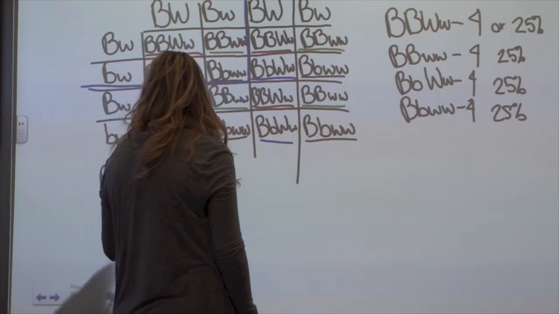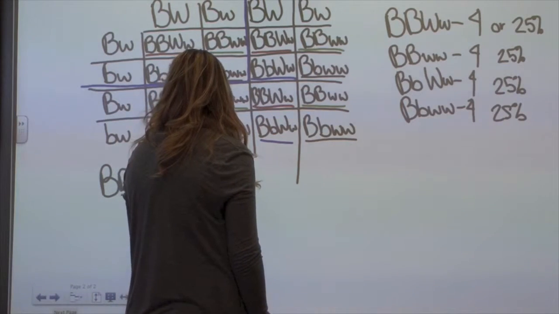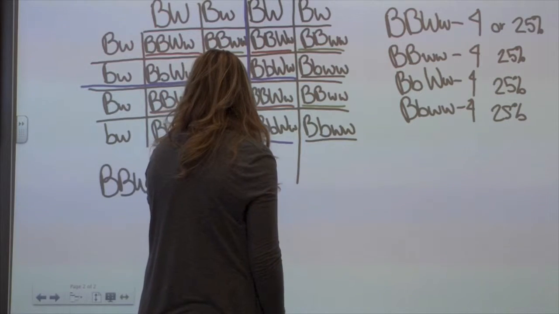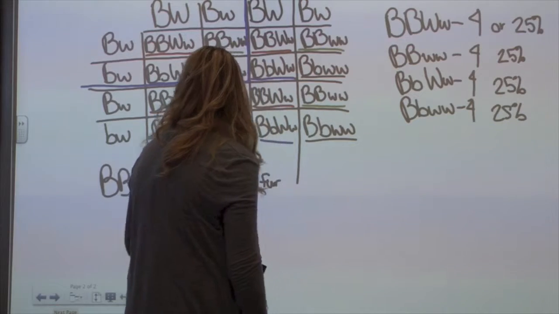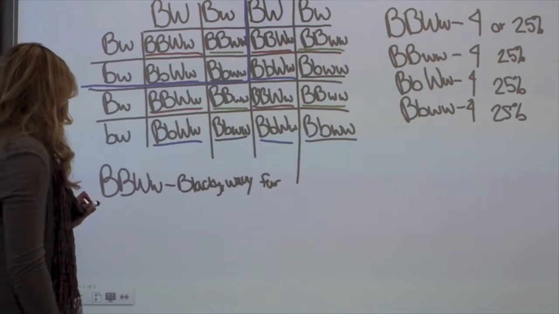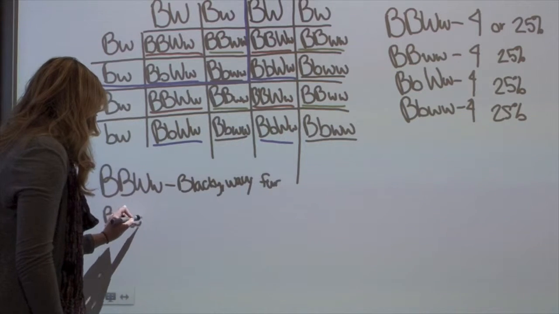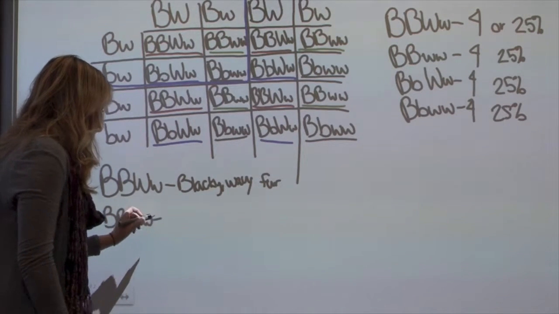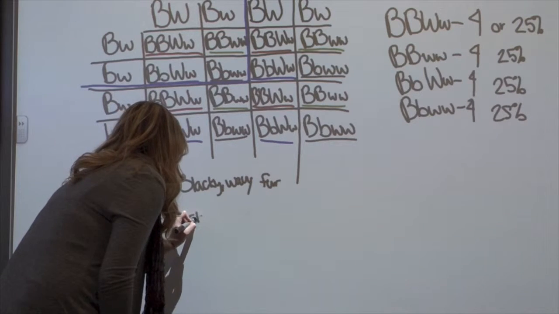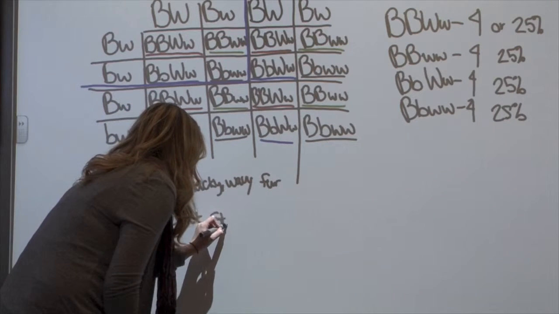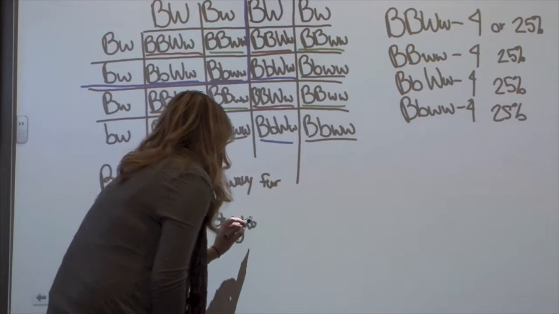So we have black, wavy fur. Our next one, big B, little w, we would have black, straight fur.